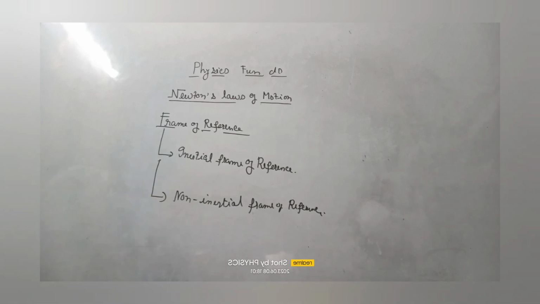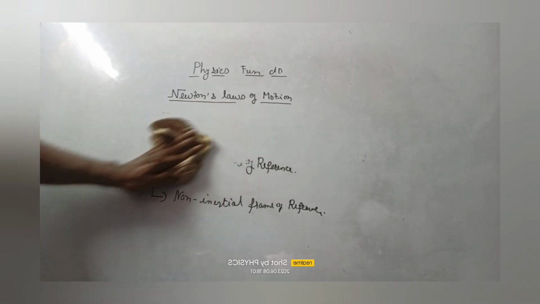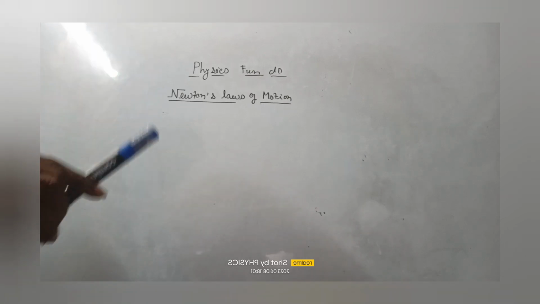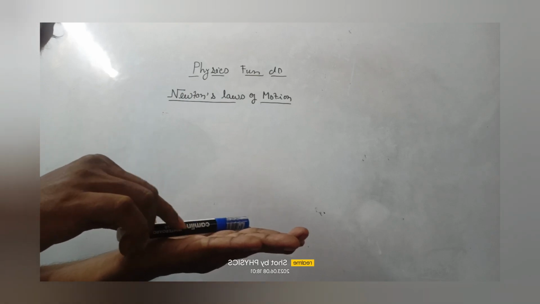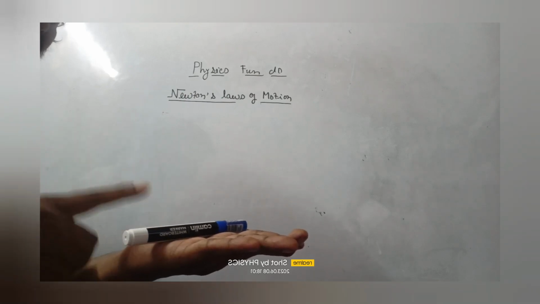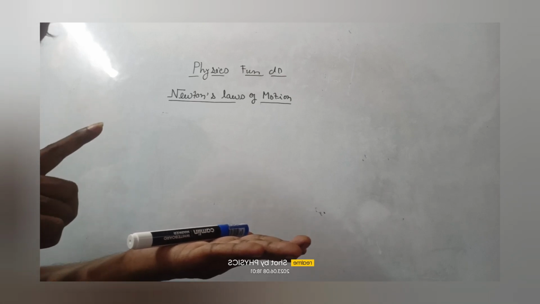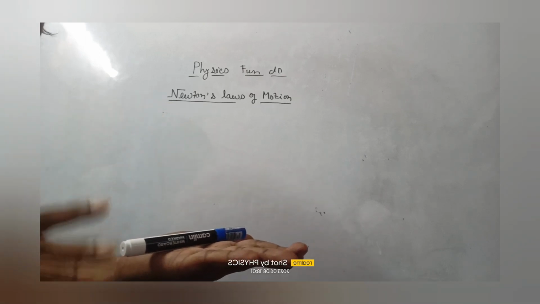Now let's move towards Newton's laws of motion. What was the statement of Newton's first law of motion? Every body continues in its state of rest. State of rest means, for example, this marker pen: I put it here, and it is not moving with respect to time and the other objects surrounding it. That is the rest position, or uniform motion in a straight line.